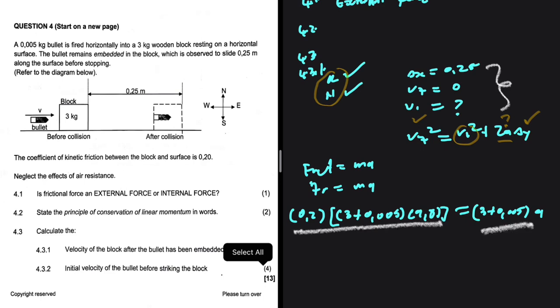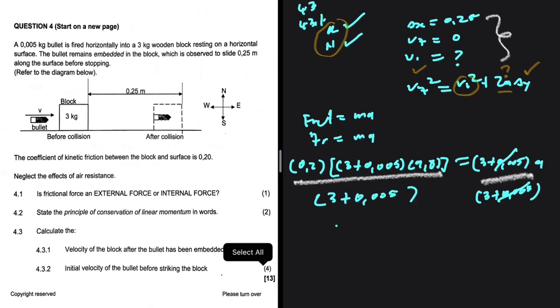We divide both sides by 3 plus 0.005. They cancel out on the right hand side. Our acceleration is equal to 1.96 meters per second squared.